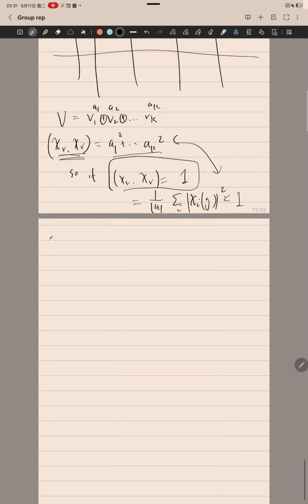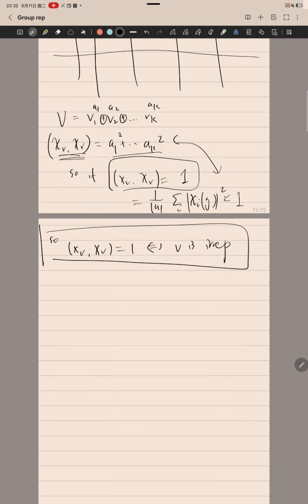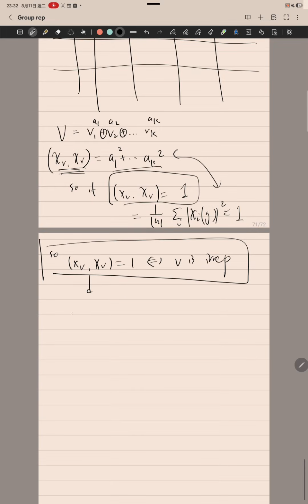So let me just write down: the inner product of chi V with itself is 1 if and only if V is an irrep. So this is the tool that we are going to use.